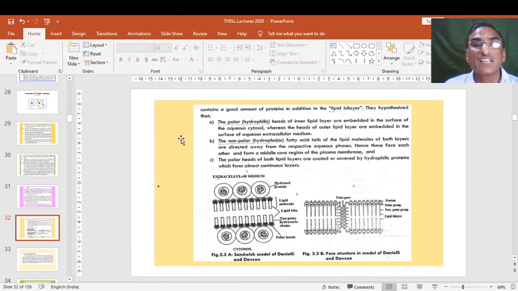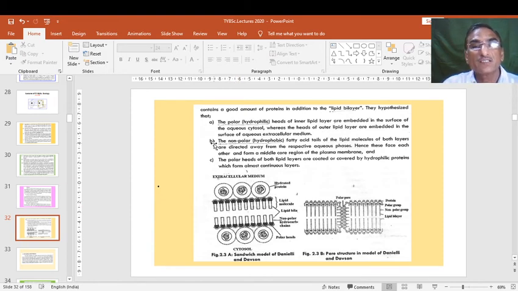They hypothesized that there are different things about the membrane. So this is the layer, we can see the sandwich model of Danielli-Davson, and this is the pore structure in the model of Danielli-Davson. This is a polar pore structure. Pore means opening. So this is the membrane, and this is how the opening is formed in the membrane.